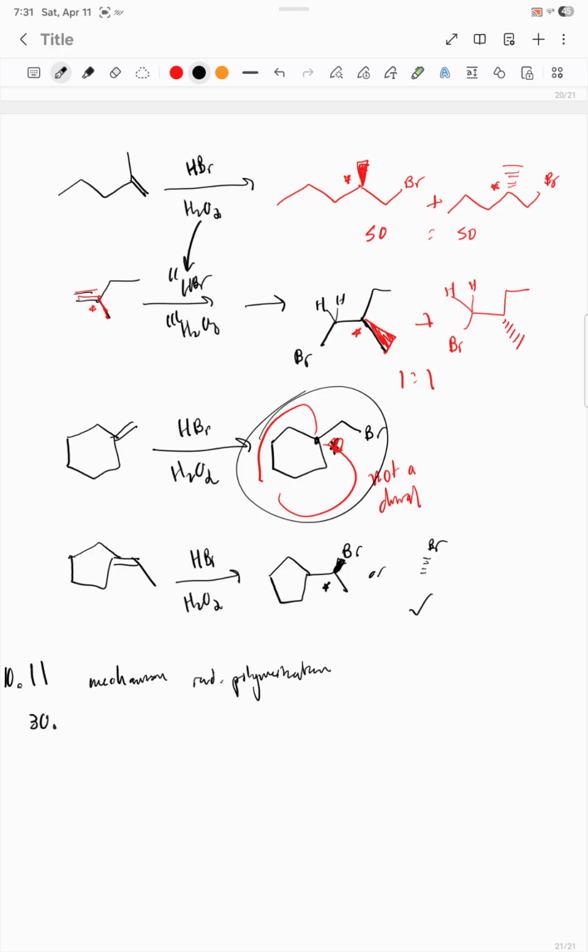Now, if we were to start off with something like hydrogen peroxide as our initiation, we can use heat to cleave this and get something like this.